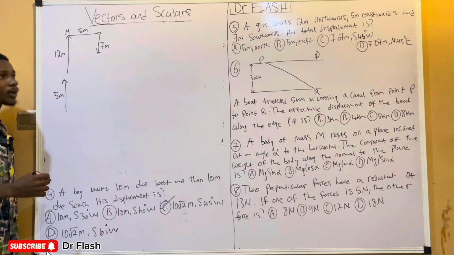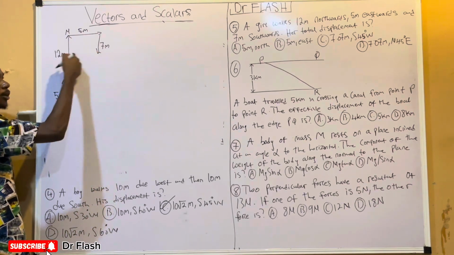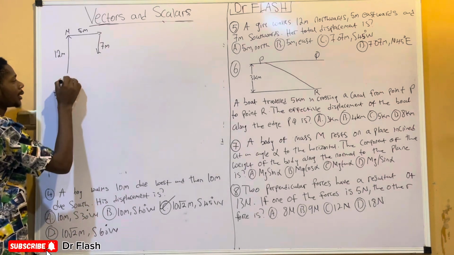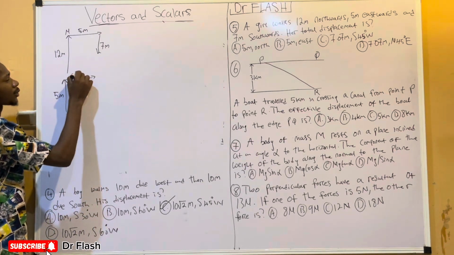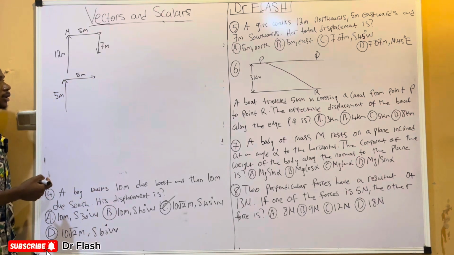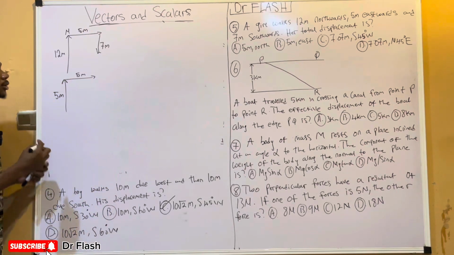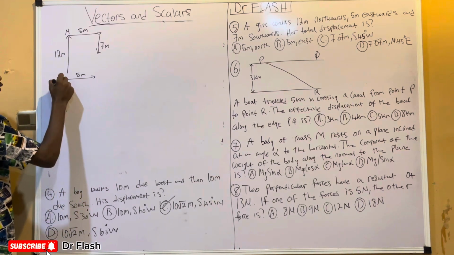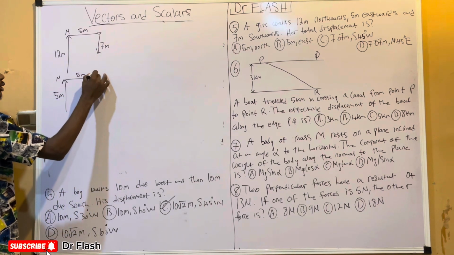That's a trick. Assuming there's another one coming in this direction again, I can still subtract it in the direction of the bigger one. Then I come here again, there's another vector of 5 meters, given the displacement. Now you notice that the total direction the vector moves is towards the north and also the east.